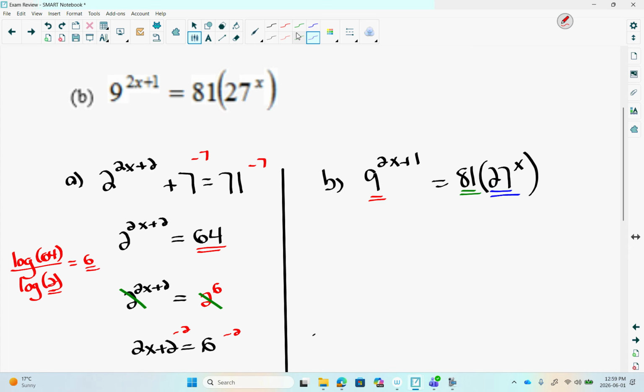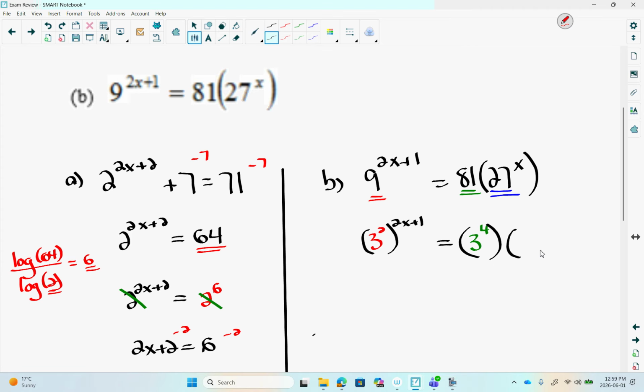Thanks. Now, again, does anyone know how I could write 9 with a base of 3? It's 3 squared. The 2x plus 1 isn't going anywhere. Your equal sign isn't going anywhere. What about the 81? 3 to the power of what equals 81? 4. Good job. 3 to the power of 4.